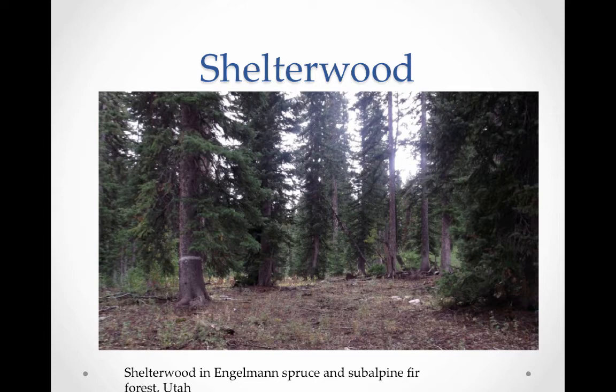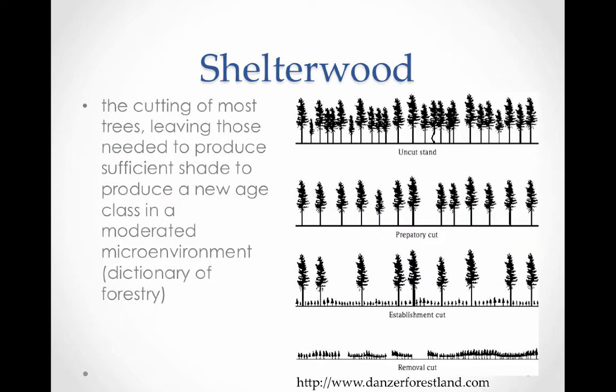So the goal was to try to get regeneration of Engelmann spruce. So what is a Shelterwood? A Shelterwood is a cutting of most of the trees, leaving those needed to produce sufficient shade to produce a new age class in a moderated environment.